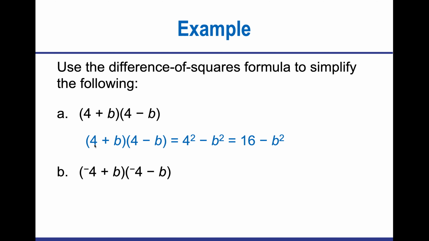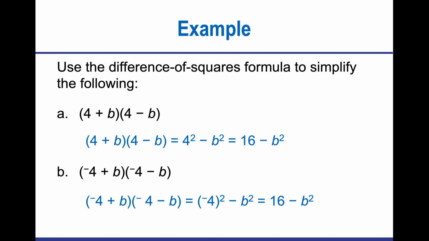So when I distribute that B to the second set of parentheses, this negative B is creating a negative there. The difference of squares is also going to be the first term squared minus the second term squared. So you don't have to do the full distribution there. You can just square the first term and square the last term.